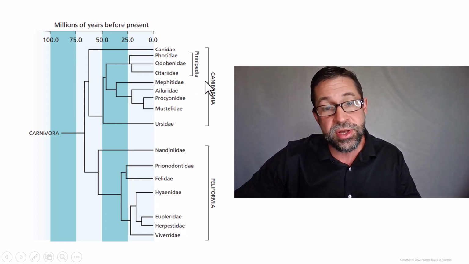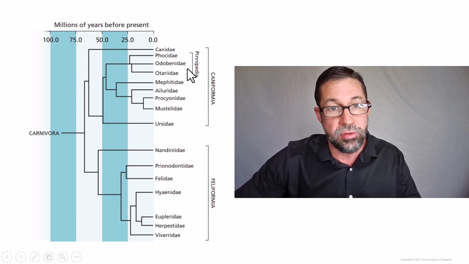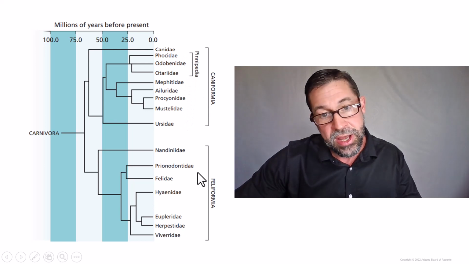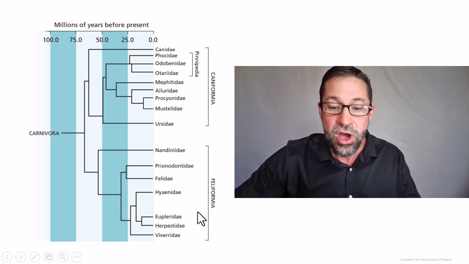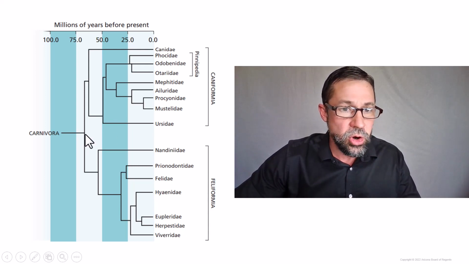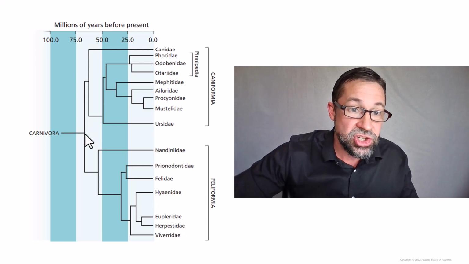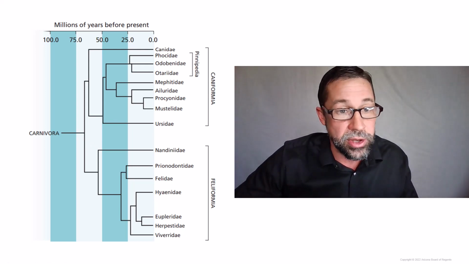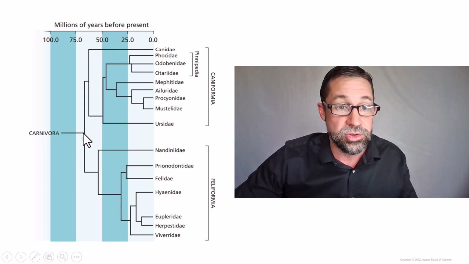The order Carnivora can be further subdivided into two suborders. The first is the Caniformia, the dog-like carnivores here on the top, and the second is the Feliformia, or the cat-like carnivores, on the bottom. So this is the first split in the branch of the order Carnivora. It's an ancient split that occurs some 70 million years ago.